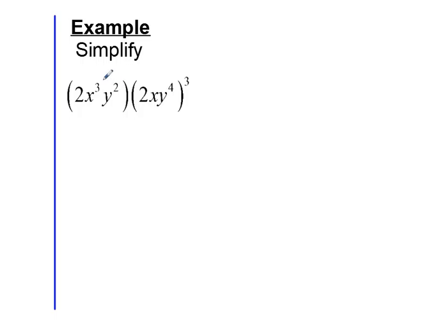Here, I have two terms in parentheses with multiple pieces to those terms inside the parentheses. Also, one set of parentheses is being raised to a higher power. First, we need to take care of this higher power, and then we can multiply them together.